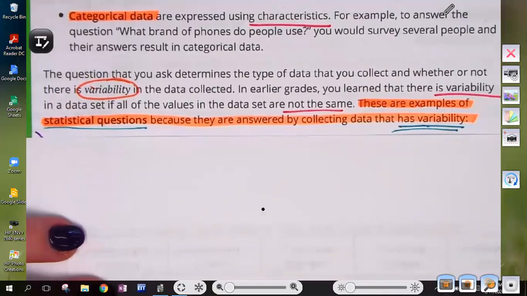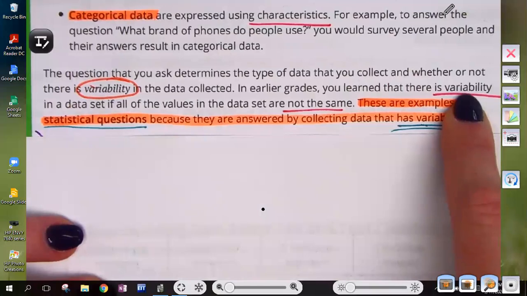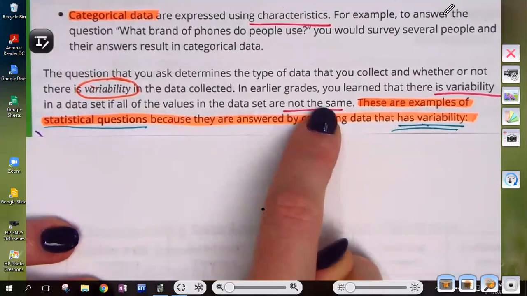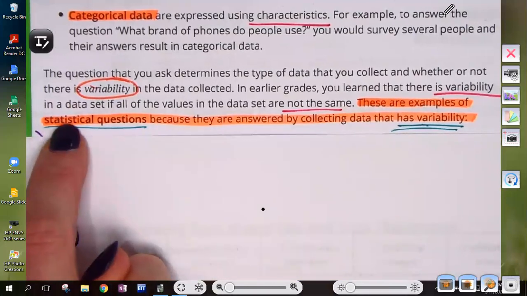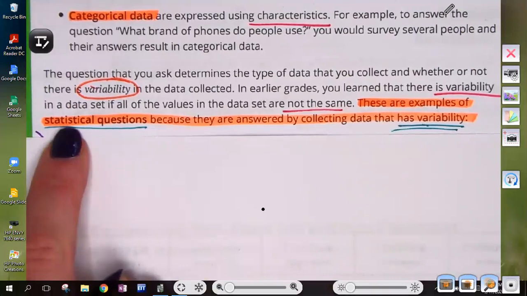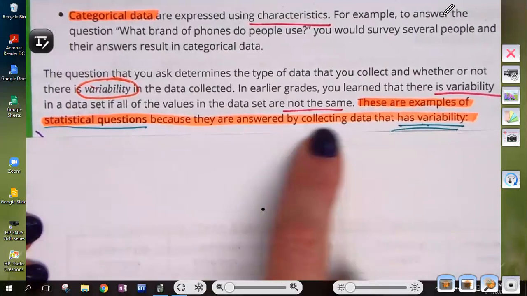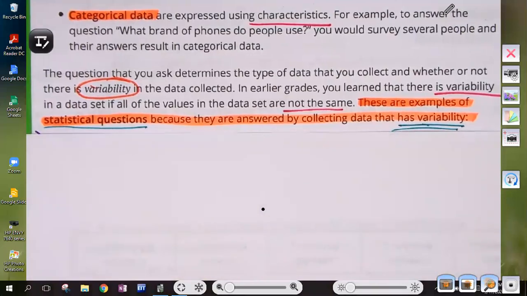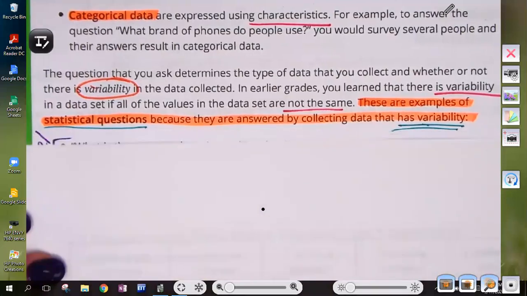In earlier grades, you learned that there is variability in a data set if all the values in the data set are not the same. These are examples of statistical questions. So if all the values are not the same, then it's statistical because they are answered by collecting data that has variability. Let's look here.